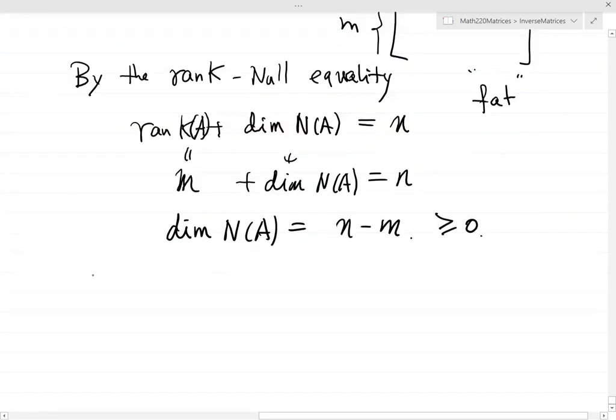Now, if m equals n, then A is a square matrix.